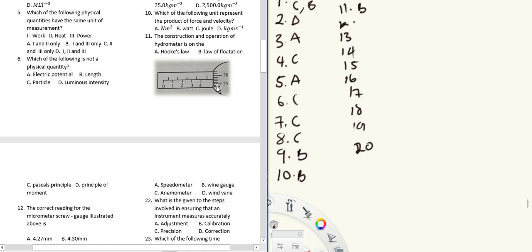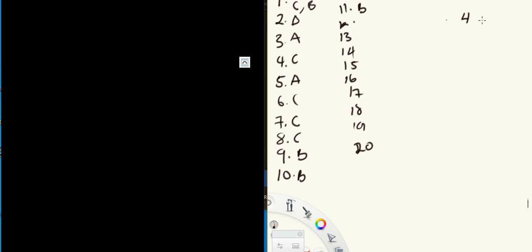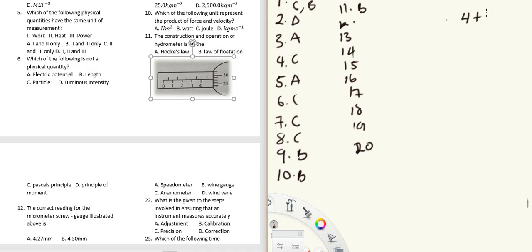Okay, so when you want to read it, you can see that here is 4 and then 0.5. As I've taught you, first of all, you have the main scale. Main scale is 4. Everything is in millimeters, so let's keep that. And then you have the second scale to be 0.5, so plus 0.5. Then the thimble scale: you can see that you have 25, 26, 27, 28.